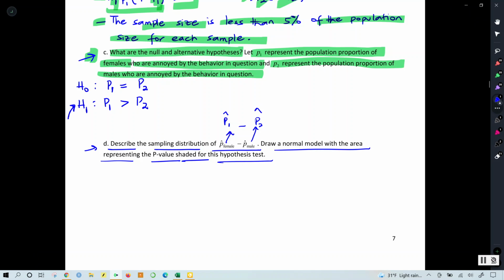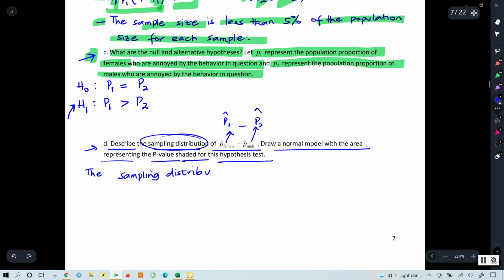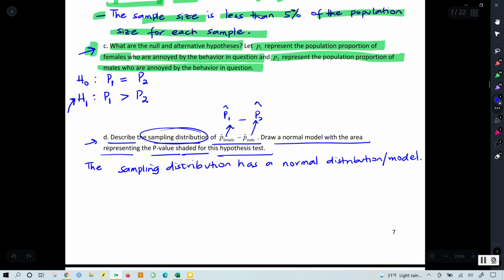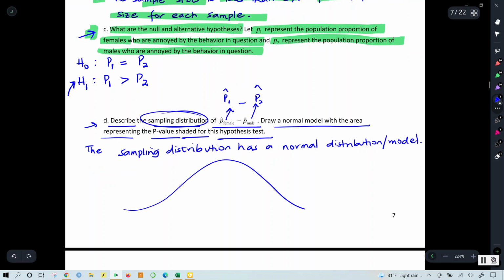First of all, note that the sampling distribution follows a normal model, or is modeled by the normal distribution, and it looks like the normal distribution.